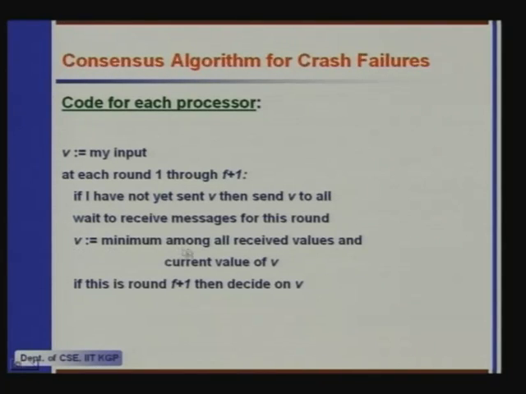Then set V to the minimum among all received values and the current value of V. If this is round f plus 1, then decide on that V, and if this is not round f plus 1, then go back here and again do this.